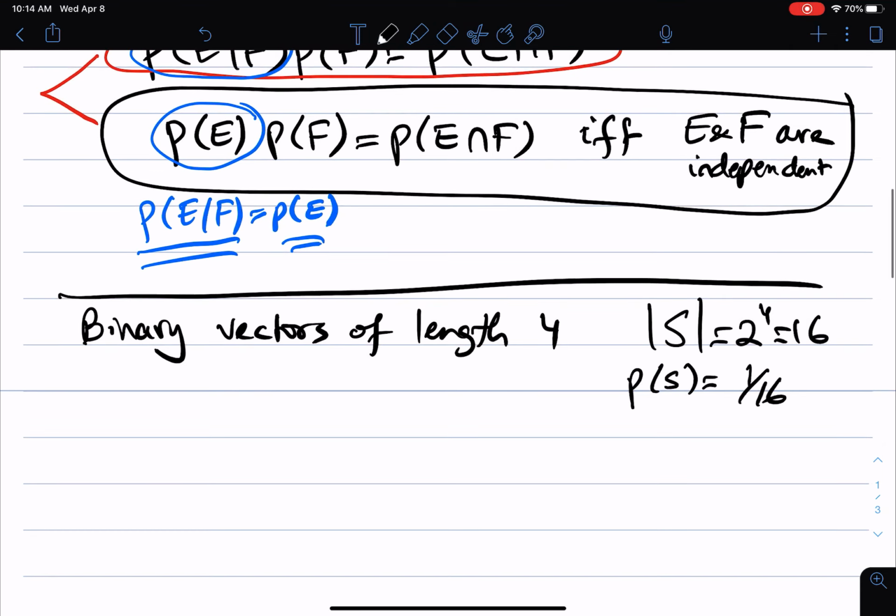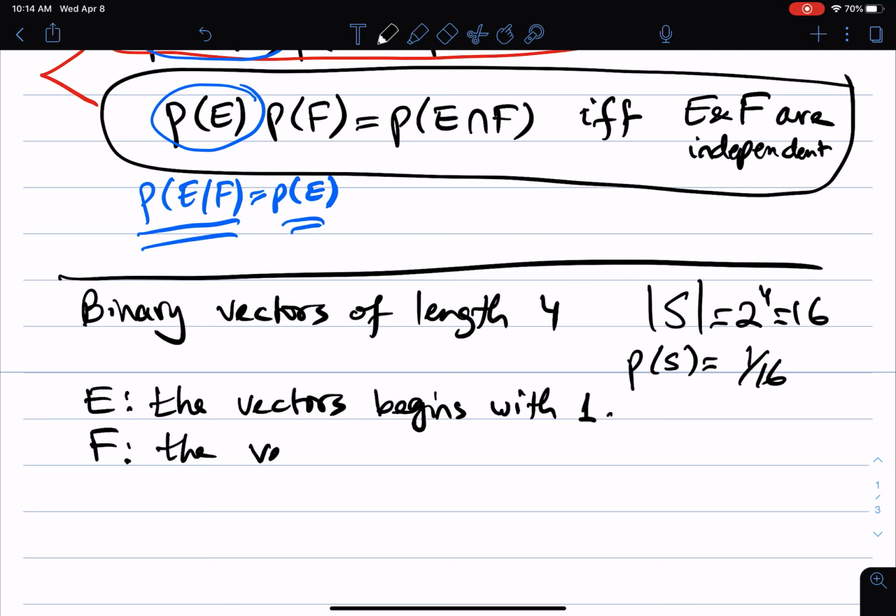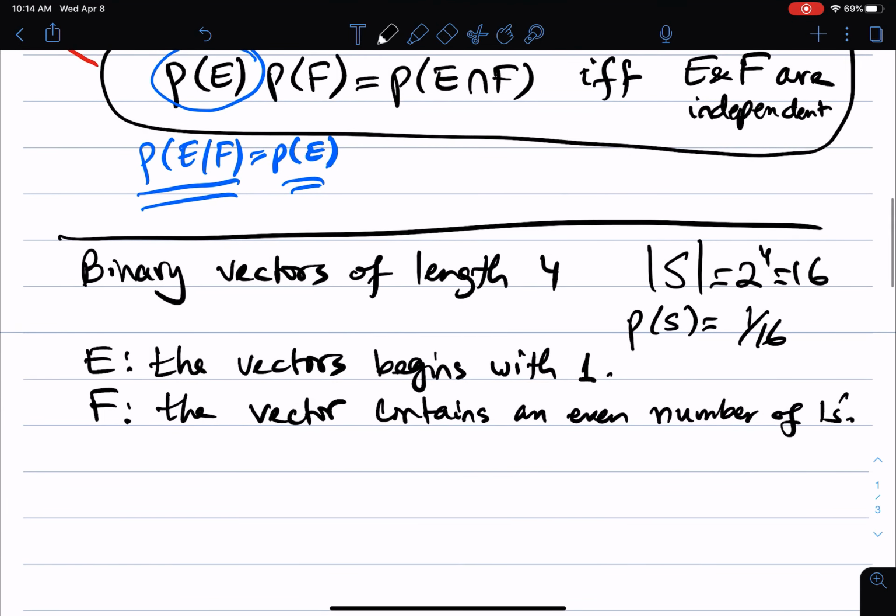And suppose we take the two events: E, the binary vector begins with 1, and F, the vector contains an even number of ones.